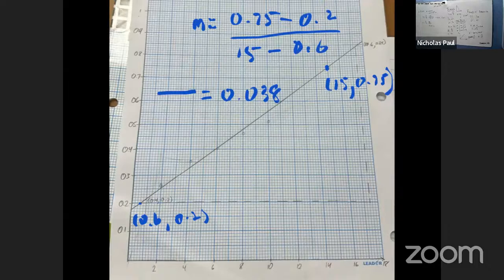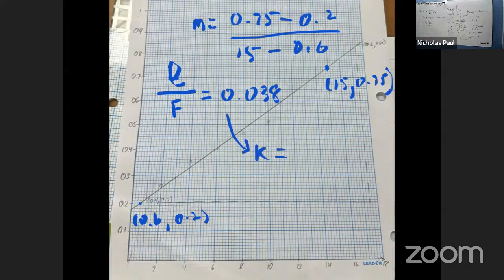Length, yeah, length. And what does the x-axis represent? Force. So the gradient is E over F. How am I getting K?